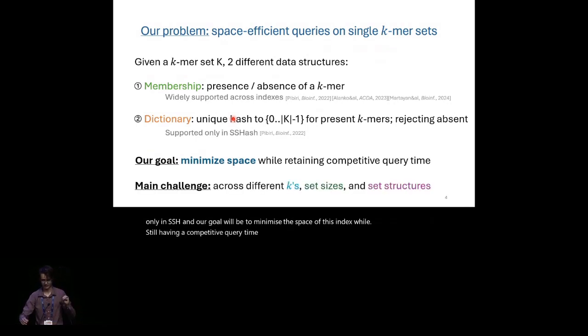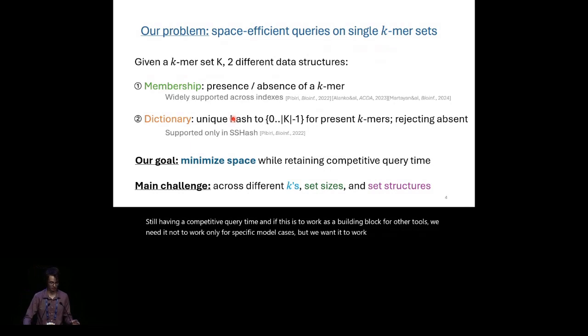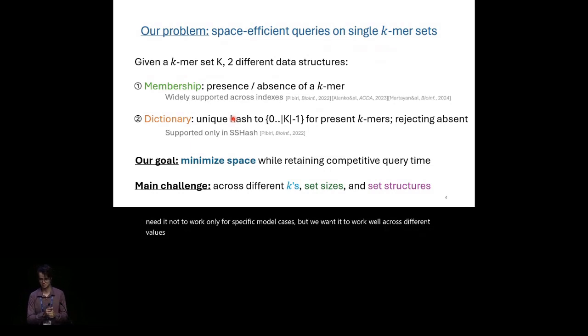And if this is to work as a building block for other tools, we need it not to work only for specific model cases, but we want it to work well across different values of k, across different sizes of the sets, and for a variety of structures of the k-mer sets.